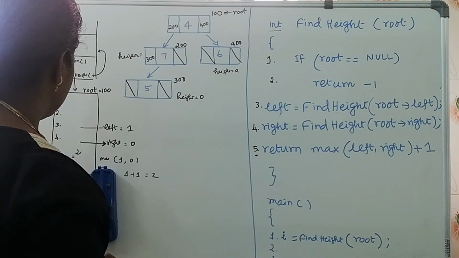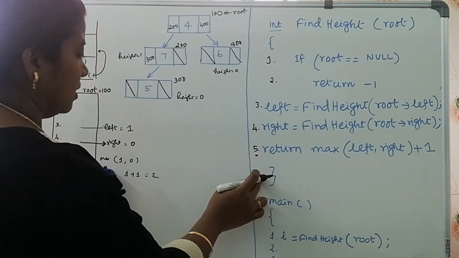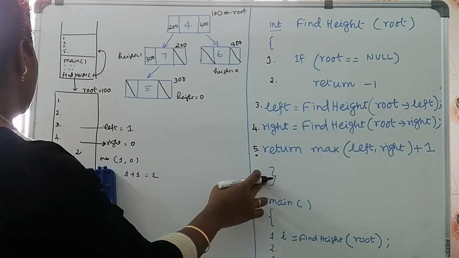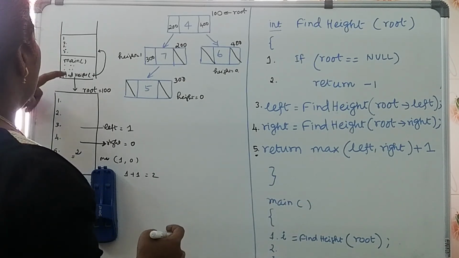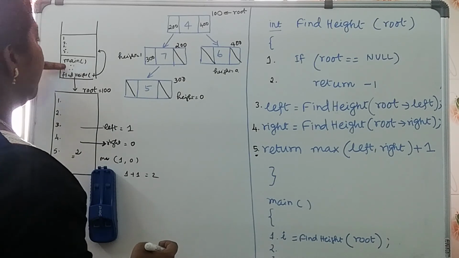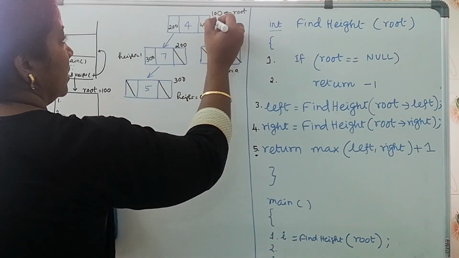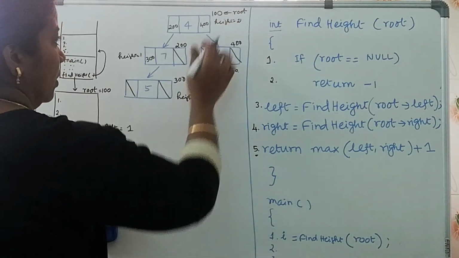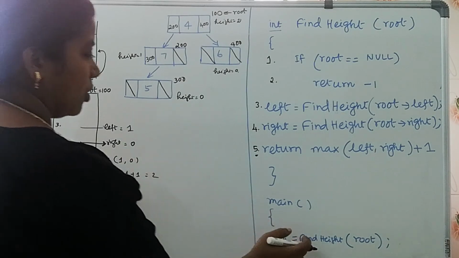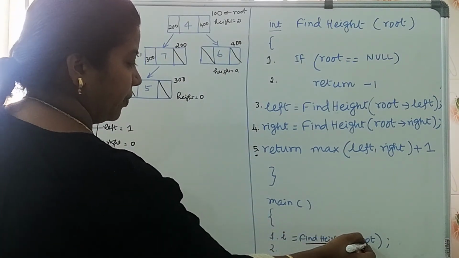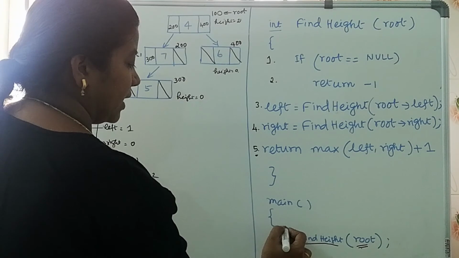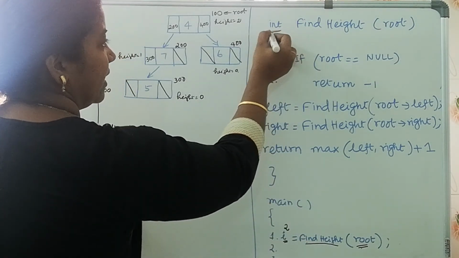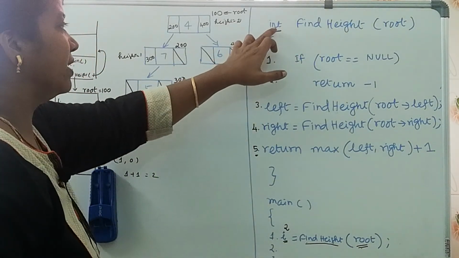After that there is no further line to execute, just a closing curly brace. This function gets called from the main function, so this height is the value 2. Since this function gets called from the root node, that 2 gets assigned to the integer variable I, because it returns an integer.